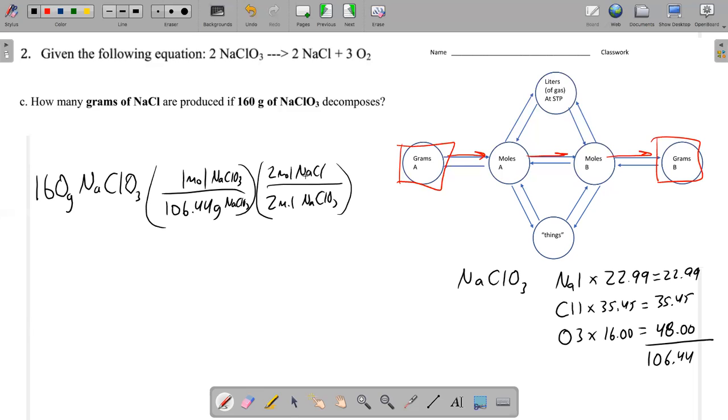And then we have to convert from moles into grams. So the last step is that every 1 mole of NaCl has a particular mass.